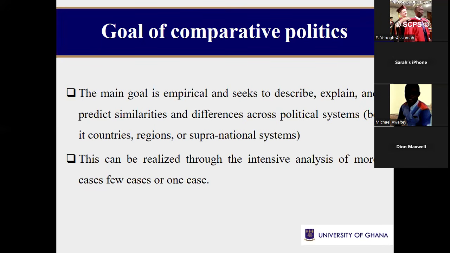So let's say country A engages in 1, 2, 3, 4, 5 activities, and the people were not happy. They resorted to some revolution, and the government was overthrown. Another country also followed similar activities, and in the end, the people were not happy.